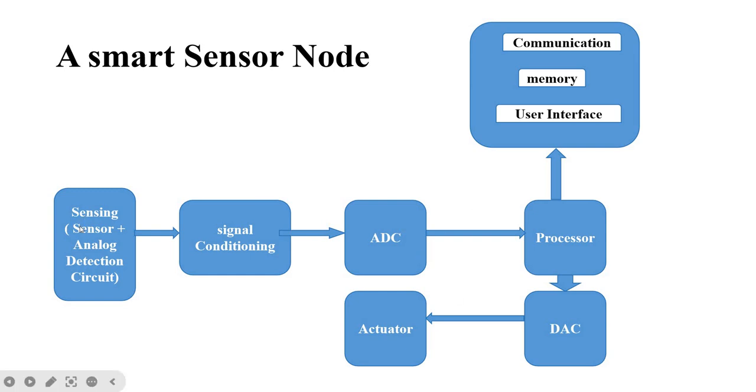The first is sensing, where it has the sensor and analog detection circuit. This is the first stage where the sensor detects physical parameters such as temperature, pressure, humidity and motion, etc. And the analog detection circuit processes the weak signals from the sensors and amplifies or filters them as needed.